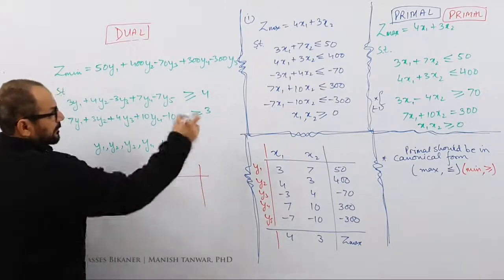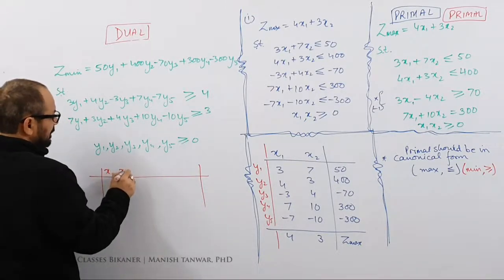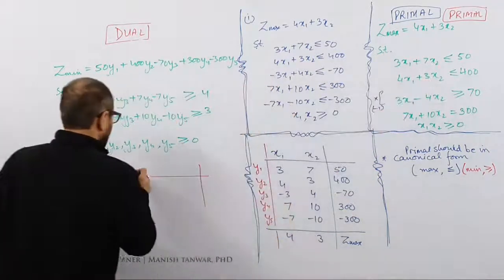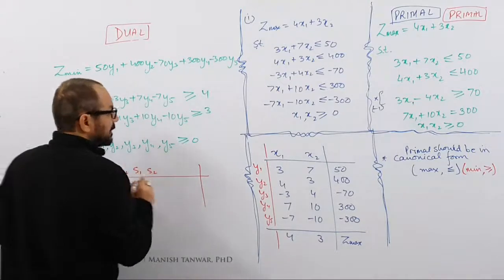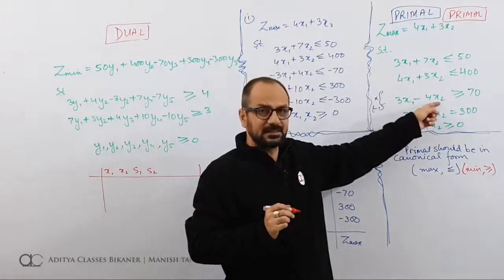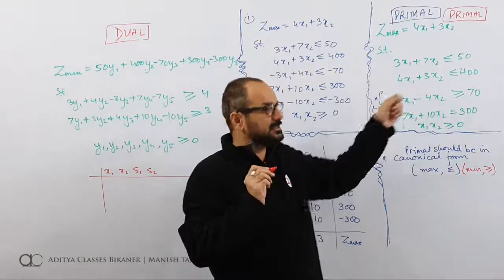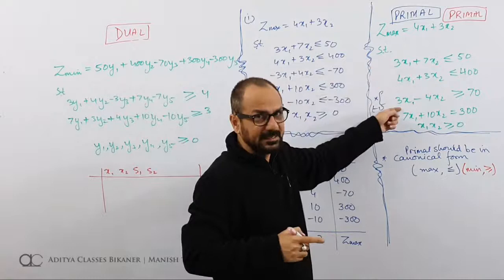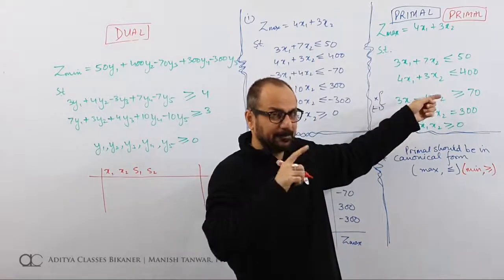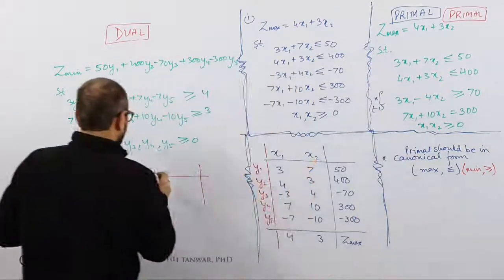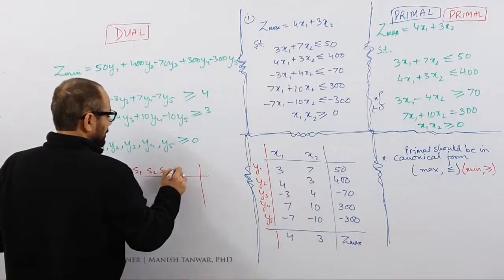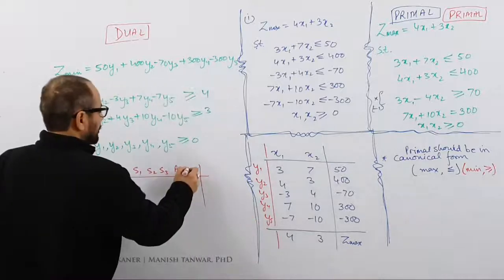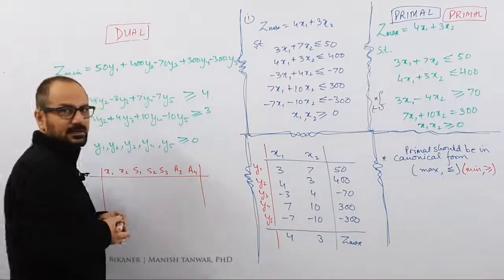You would be having an x1, an x2, then s1 and s2. This is greater than, so I will be having a minus s2 plus a2. I would be having s3 minus s3 plus a3. This is equality, so I would be having an artificial variable to start this.